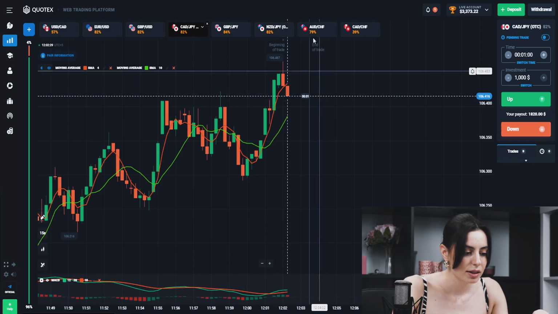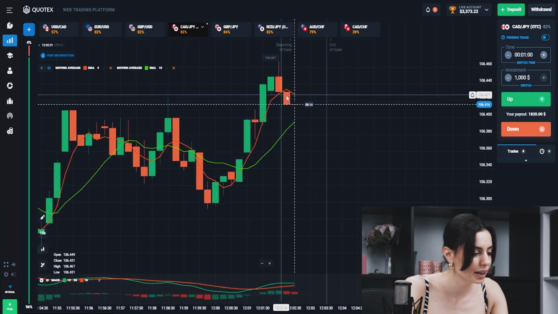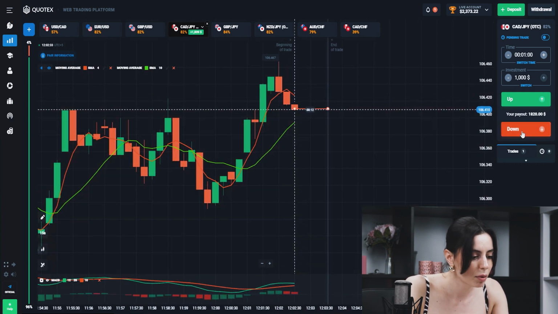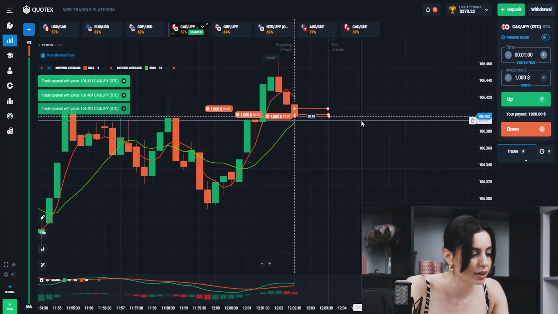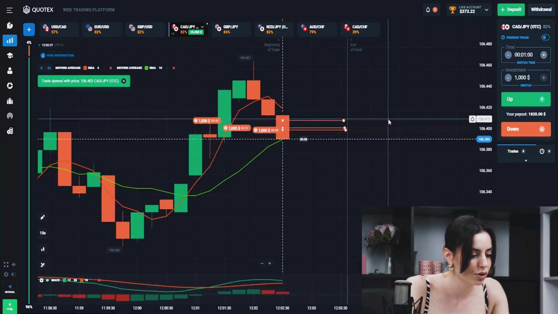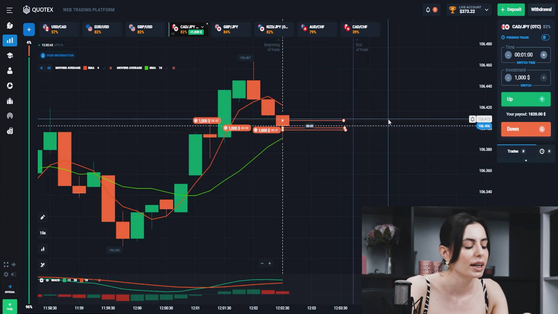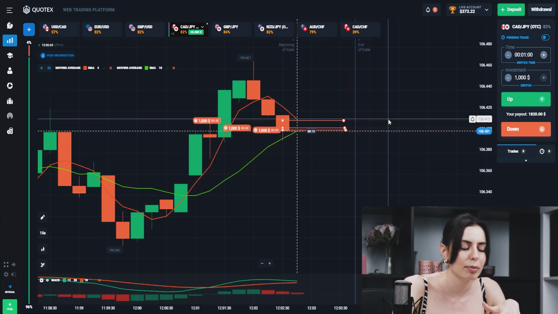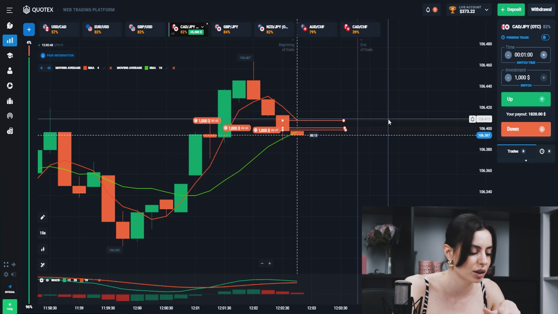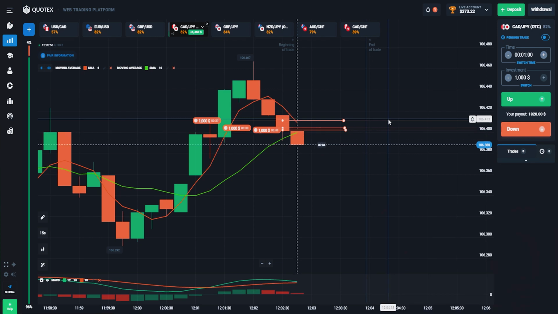So here, the situation is not that typical, but we're zooming in at the moment when the orange line of the moving average started to go down. And the last candles of the MACD were orange, so that's actually the tricky point, but we entered with the downward movement, and we are expecting some profits.